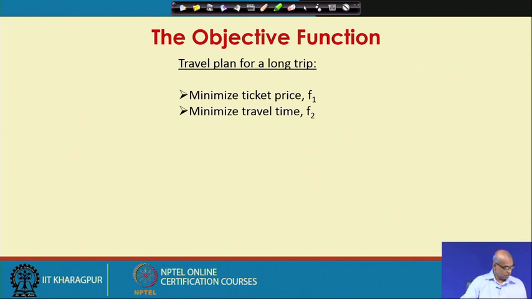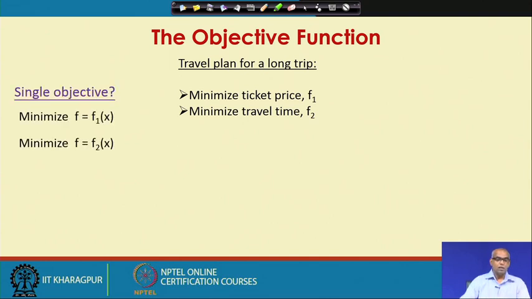So, if we want to optimize my travel plan, I may look for two things. You can minimize the price of the ticket, you can minimize the travel time.